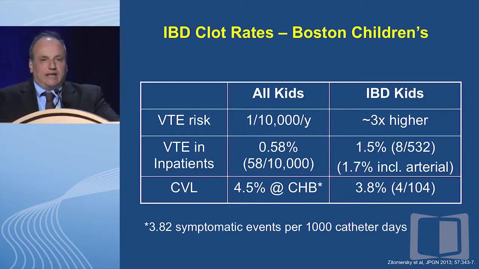So let's focus now on our experience in pediatrics at Boston Children's Hospital, recently published. What we noticed is if you take all hospitalized children, the venous thromboembolism risk is actually quite low, 1 per 10,000 per year. If you look at patients with IBD, it's about 3-fold higher.